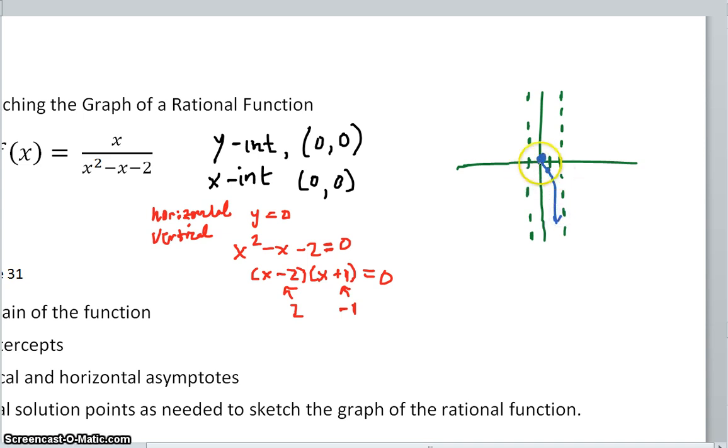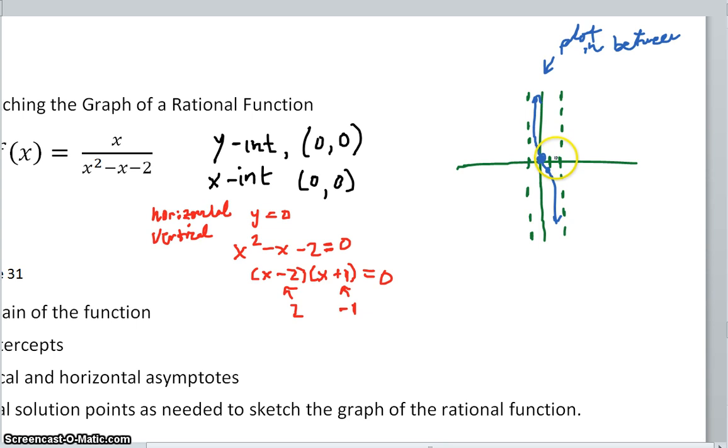You should plot in between the asymptotes. And then once you have that, maybe plot on the other side of the x-intercept and find that it goes that way.